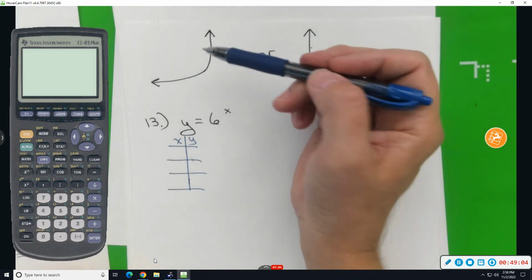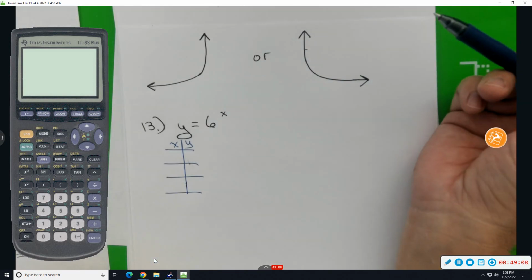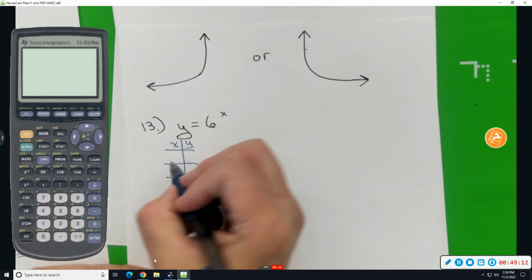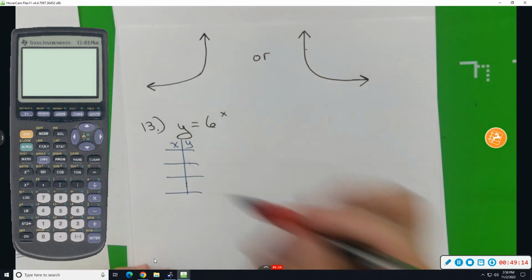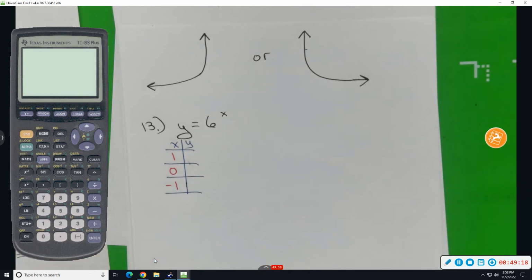I know one side's got to be real steep, the other side has to be real flat, so the question is, which side is the steep side and which side is the flat side? I'm going to use 1, 0, and -1. I think from these 3 ordered pairs, I'll be able to figure out what the graph looks like.